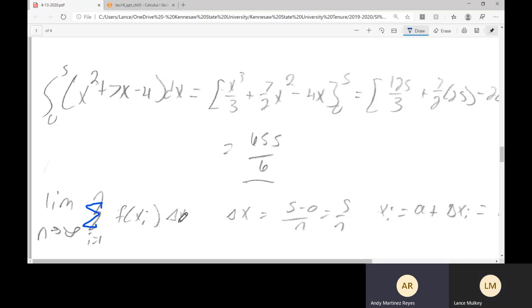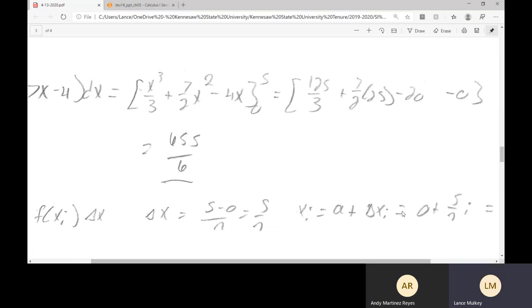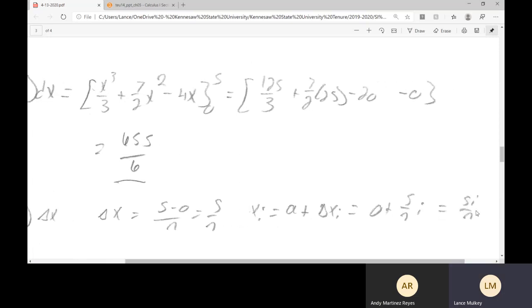And the change of x is delta x. Delta x equals b minus a over n, so 5 minus 0 over n, just 5 over n. And x_i equals a plus delta x times i, so it equals 5i over n.